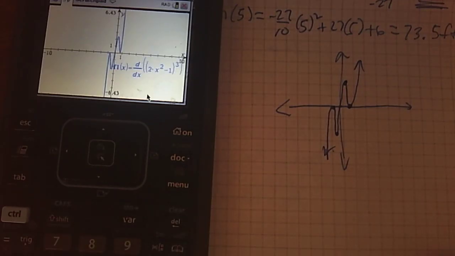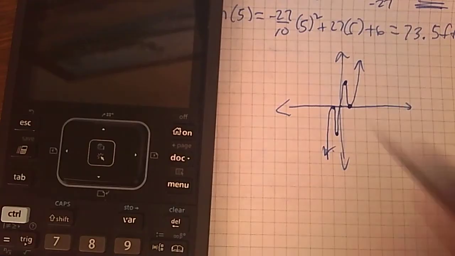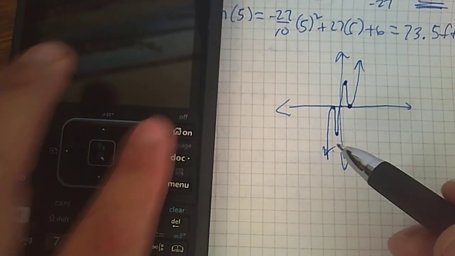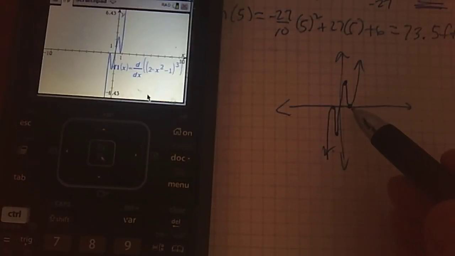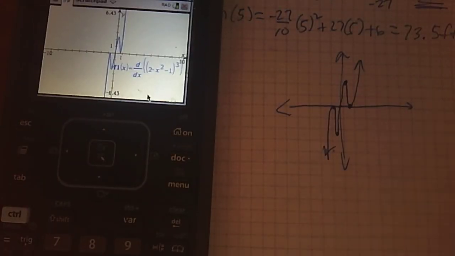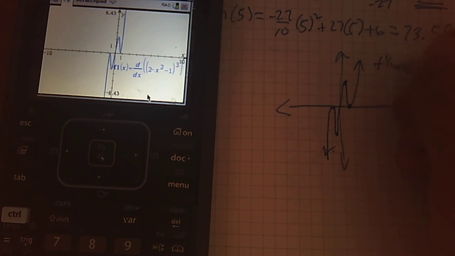So there's my sketch of the derivative. I kind of looked at where the intercepts were and where the turning points were and just sketched it, knowing that we have 1, 1, 1 in all directions. So there's a sketch of the derivative.